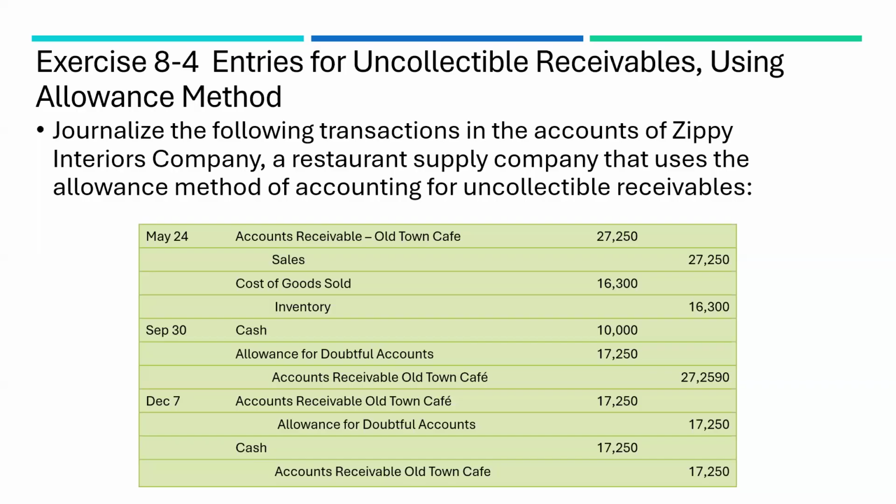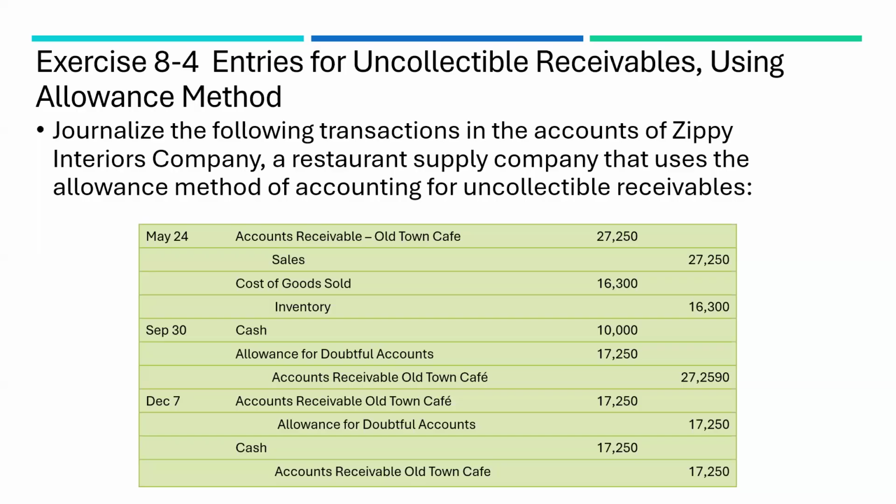and credits for the accounts receivable, sales, cost of goods sold, inventory. And then when we collect 10,000 and deem 17,250 uncollectible, then we debit our allowance and we credit our accounts receivable, so reducing them both at the same time, which has no impact on net assets because this entry has zero impact on net assets whatsoever.